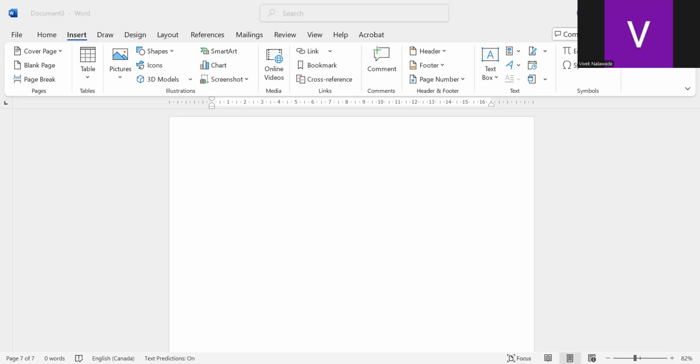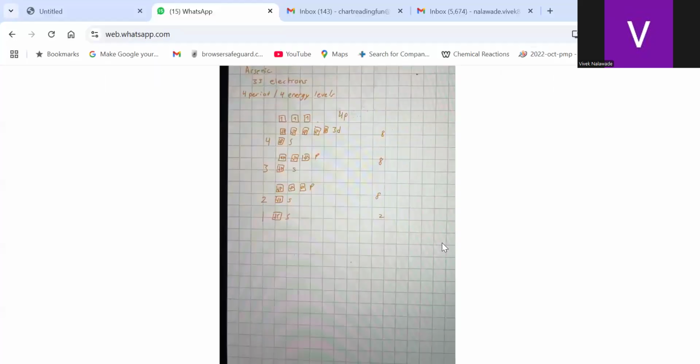So if someone asks you what is the electronic configuration, it is 1s2, 2s2, 2p6, 3s2, 3p6, 4s2. The number on the right side of the letter indicates how many electrons there are, right? Yes. And 3d10, 4p3.